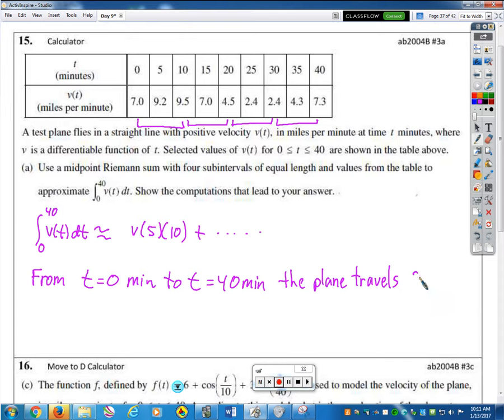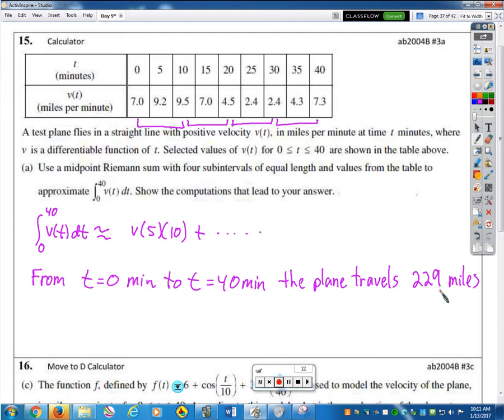The plane travels 229, and they must have units here as well, miles. So when it says explain the answer using correct units, you must use units for this number, and this number. And as long as you include all 3 units and all 3 numbers, then you'll get that point. It's a really easy one to get as long as you just don't forget the units.